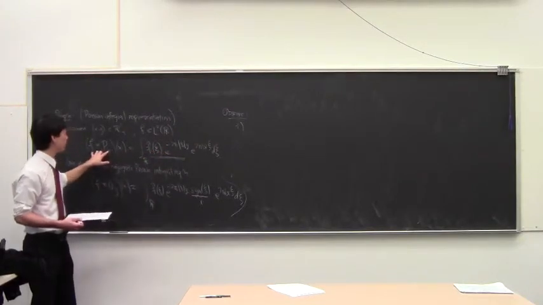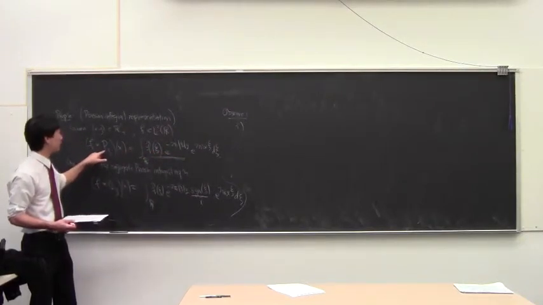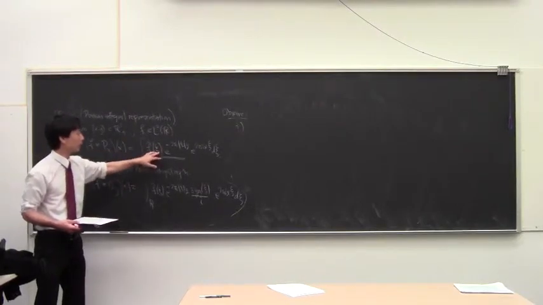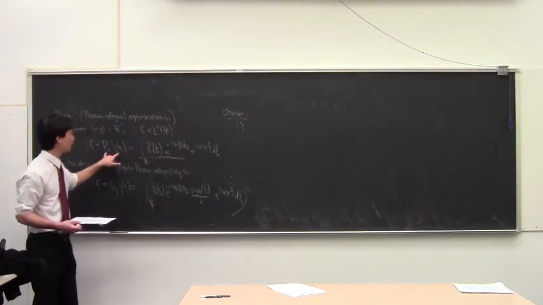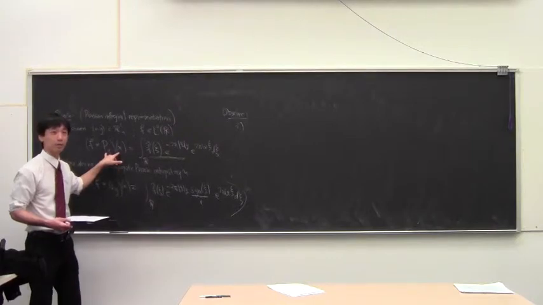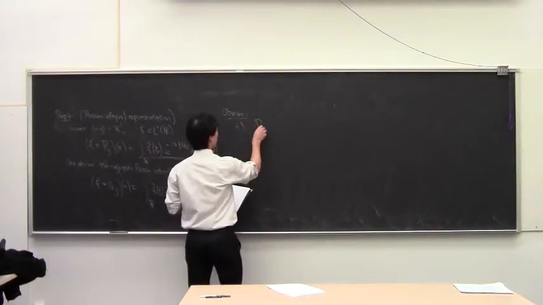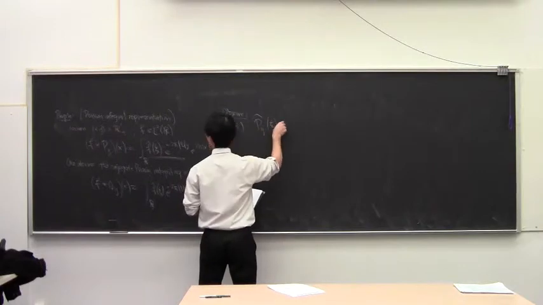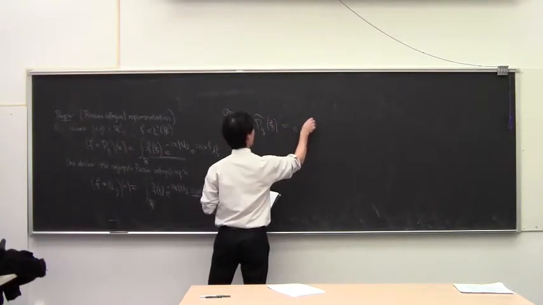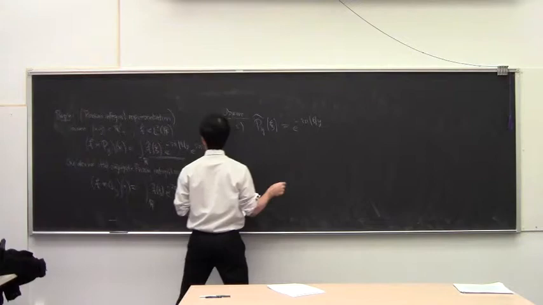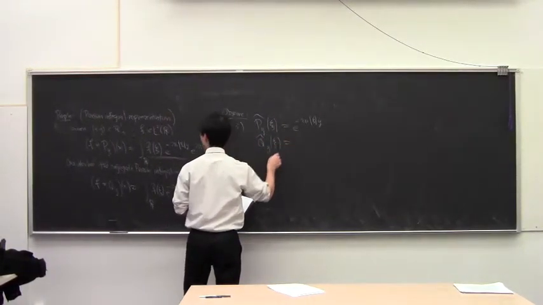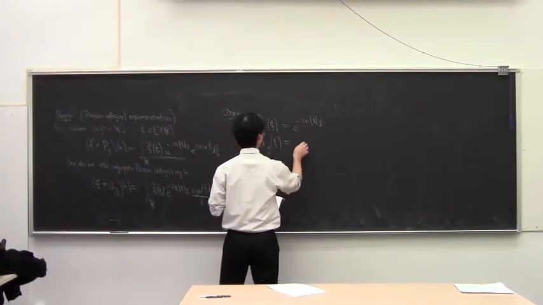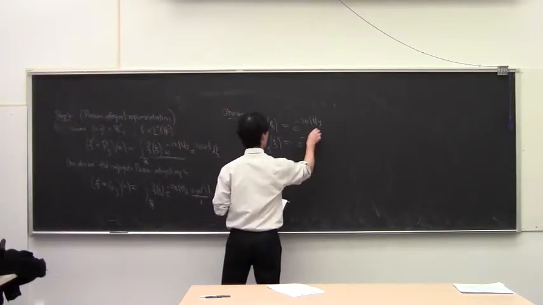So what you get is f hat of ξ times the Fourier transform of the Poisson kernel is going to be f hat of ξ times this thing. So in consequence, we know what the Fourier transform of the Poisson kernel is. We have some formula for it. It's just this. And similarly, the formula for the Fourier transform of the conjugate Poisson kernel is just going to be this one.